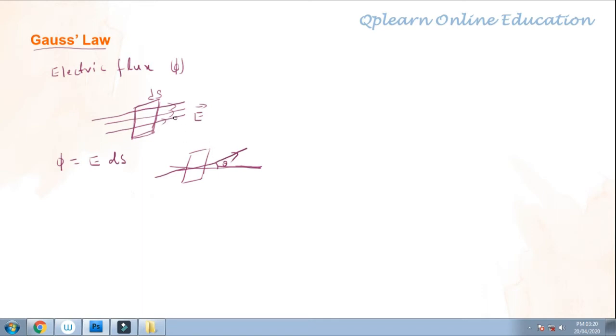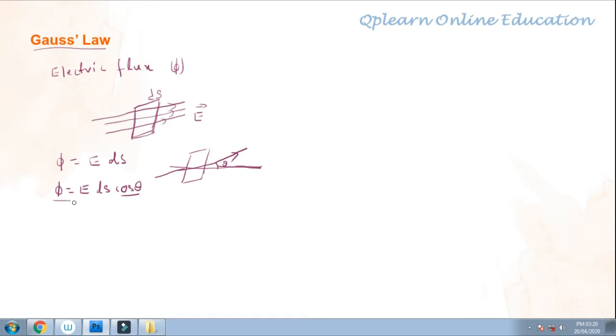Here the direction is almost 0 degrees, but here it makes a certain angle, maybe 5 degrees, 10 degrees, 25 degrees. At that time, according to the resolution of vectors, we use phi is equal to E into ds cos theta. Substitute the angle theta and calculate the electric flux. Do you understand?